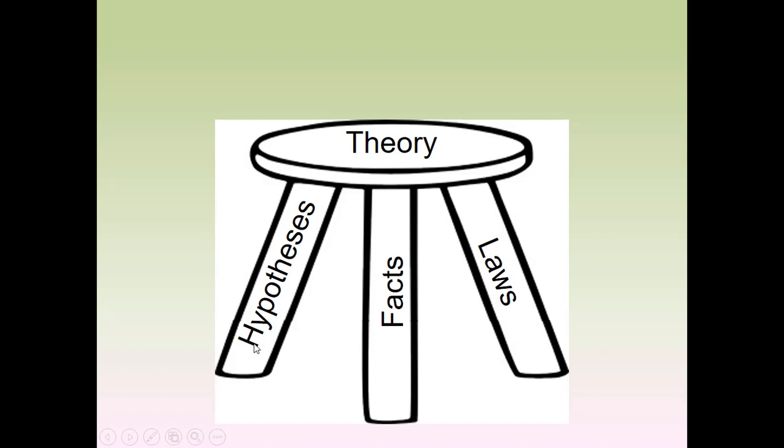Now, if we think about a three-legged stool, if we pull one of the legs out, say we test a hypothesis and it is rejected, it doesn't hold up that theory, if we pull out one of these legs from the three-legged stool, what happens to our theory at that point? It falls over.